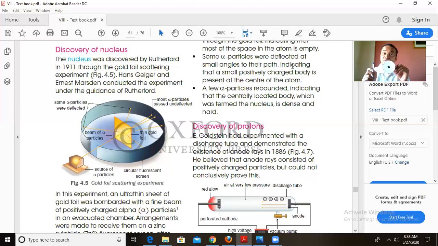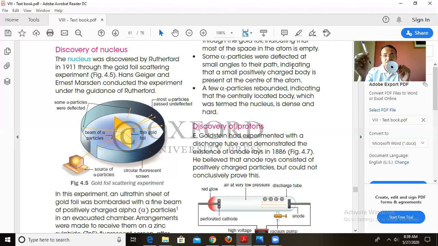But some of the alpha particles were deflected at small angles from their path. Let us see how. When they are passing nearby the black spot, not on it but near it, they are deflected a little from their path. This indicates that a small positively charged body is present at the center of the atom.